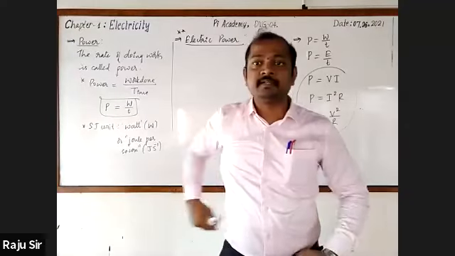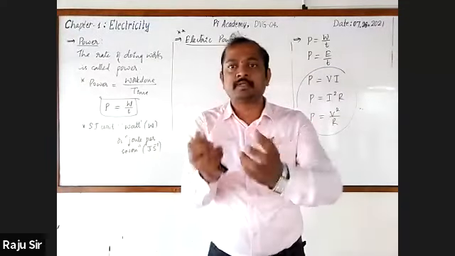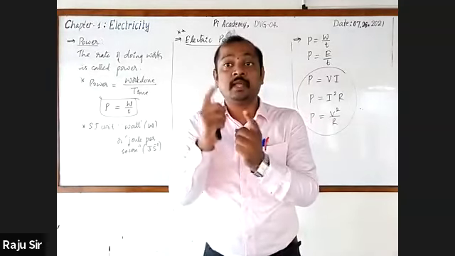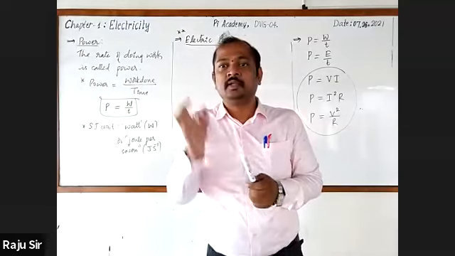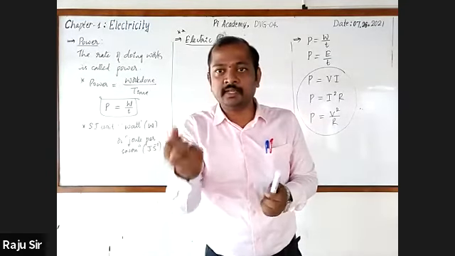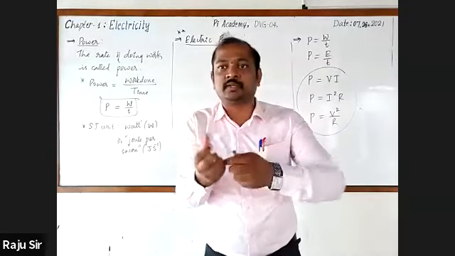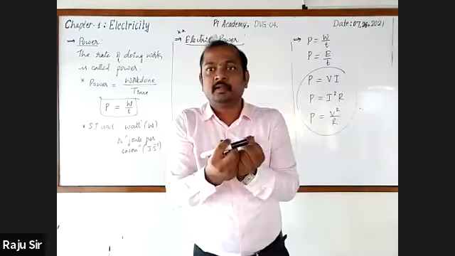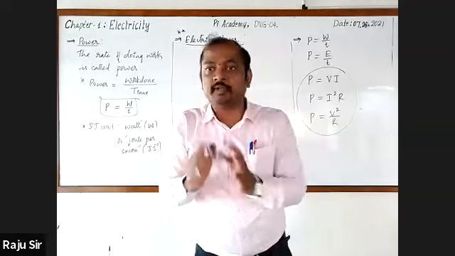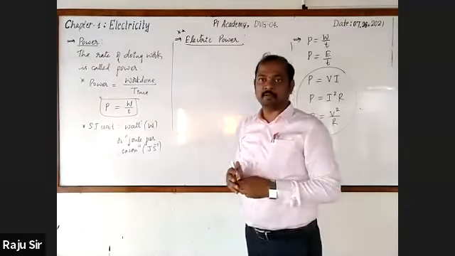Both represent the capacity to do work, whereas electric power is related to electrical components. The work done by the electrical components, what is that work done? That is the amount of electric current drawn by the electrical components in the given time. That is electric power.